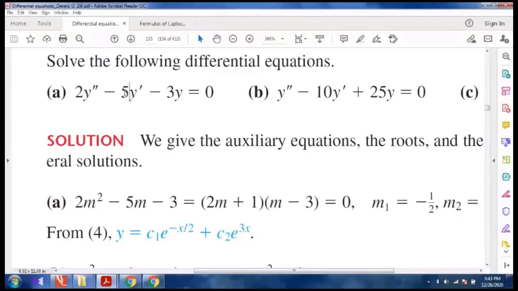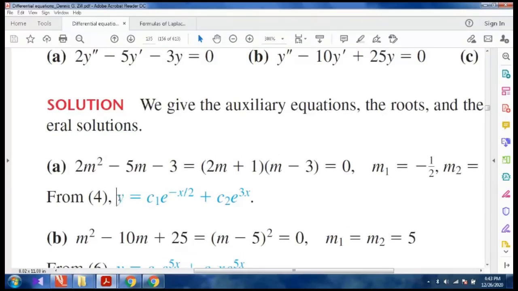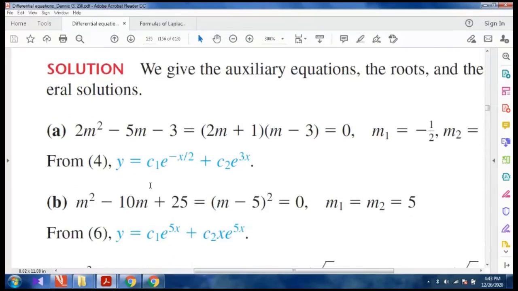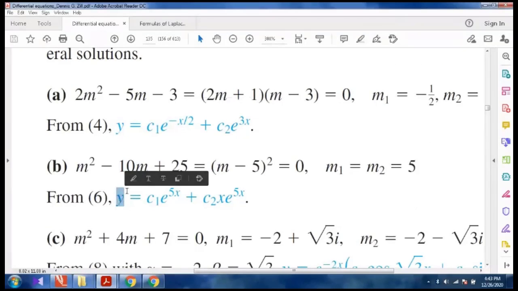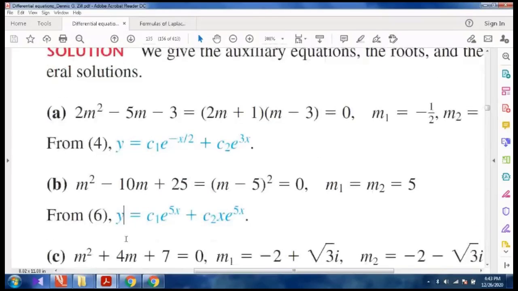Constants are 2, 5, before y, y prime, and y double prime. From this differential equation, if we are asked to solve the differential equation, our target is to find the function for y. You can see the solution is a function. The solution itself is a function. So you can see for this differential equation, we have the solution for y.